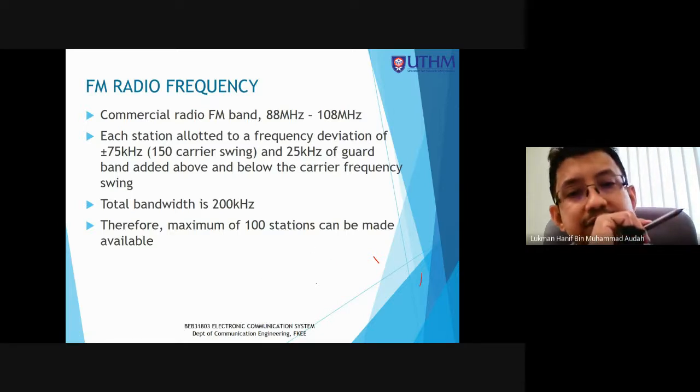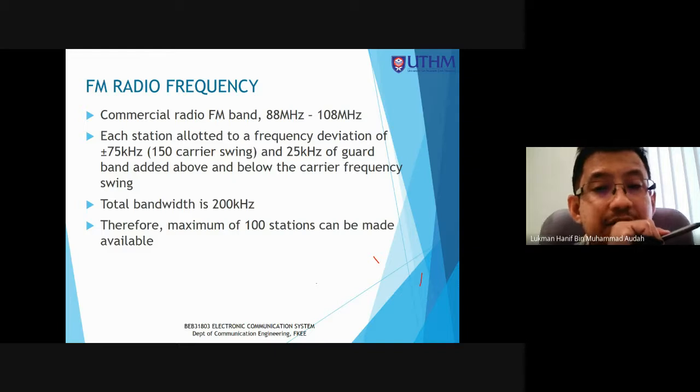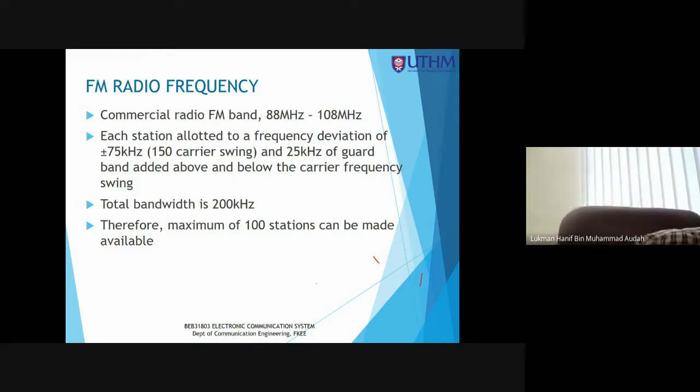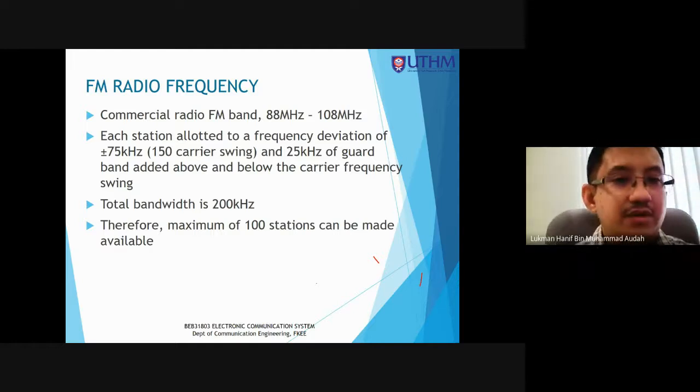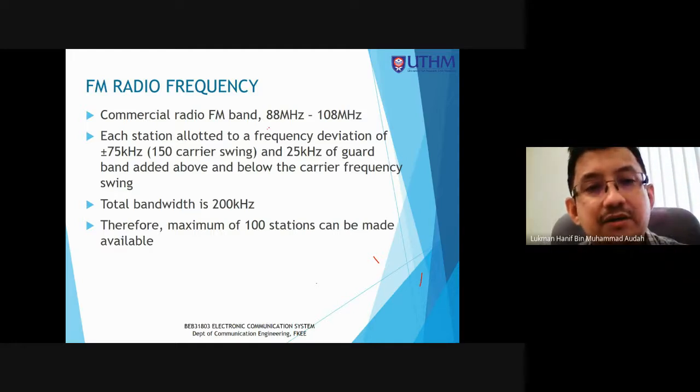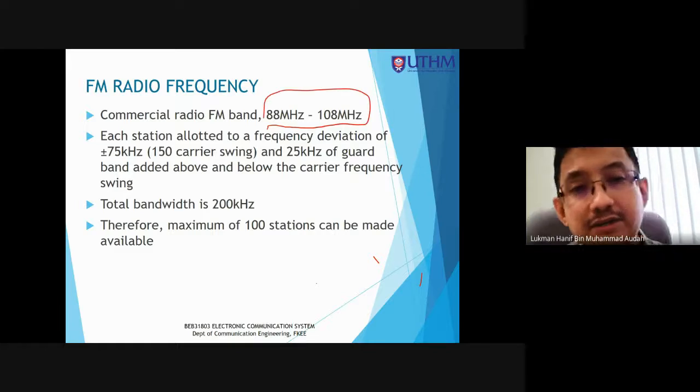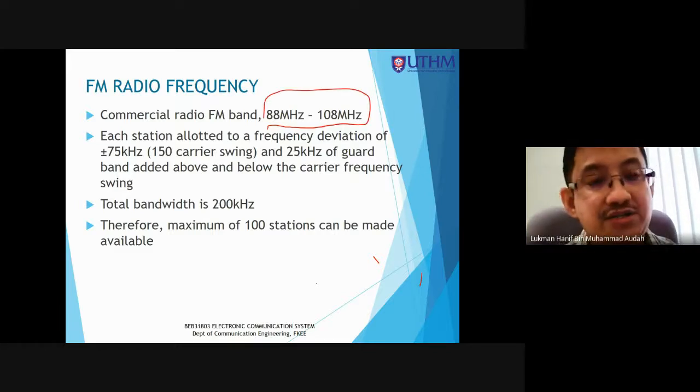So this is an example that has been asked previously in the exams, pernah ditanya dalam exam. Okay. So commercial radio FM band. So keseluruhan FM band itu berada pada 88 hingga 108 MHz.